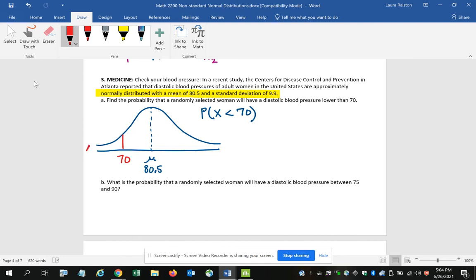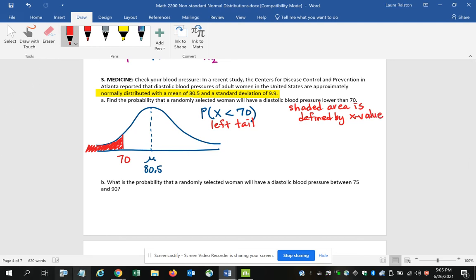So I'm out here on the left end, which is considered a left tail. Because I'm looking for the probability, my shaded area is defined by the X value.